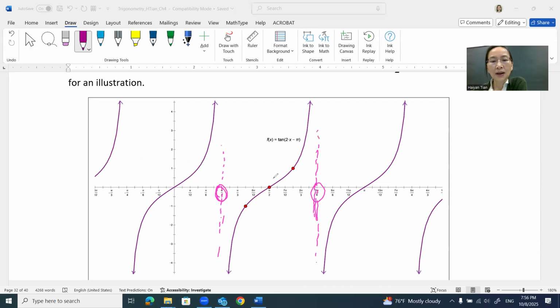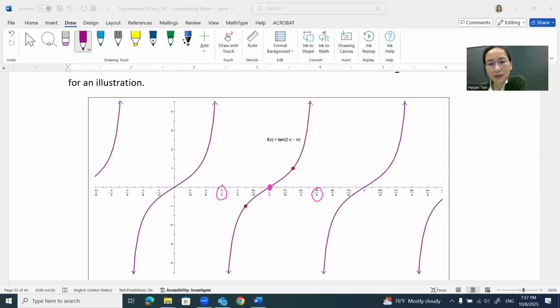Then what is in the middle? In the middle point, between pi over 4 and 3 pi over 4, there is one point where y will be 0, the function value will be 0.